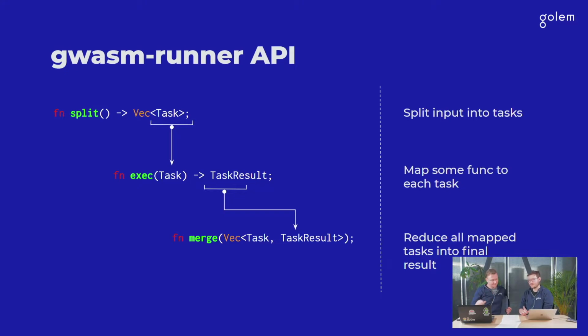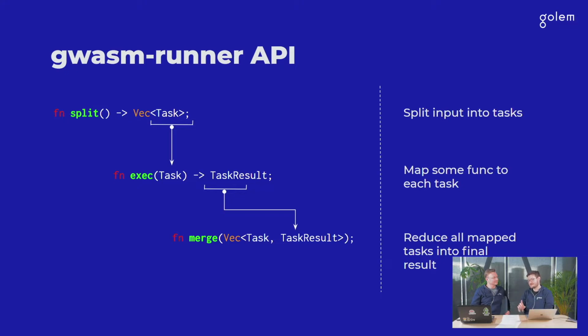In split, you specify the logic for how you want to split your input problem into tasks. Each of those tasks is then computed by a node, in this case a provider node on the Golem network. So split is done locally.